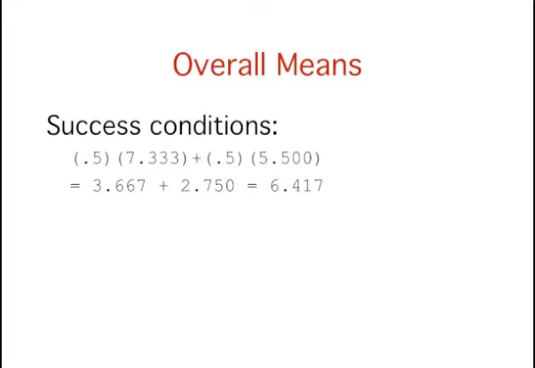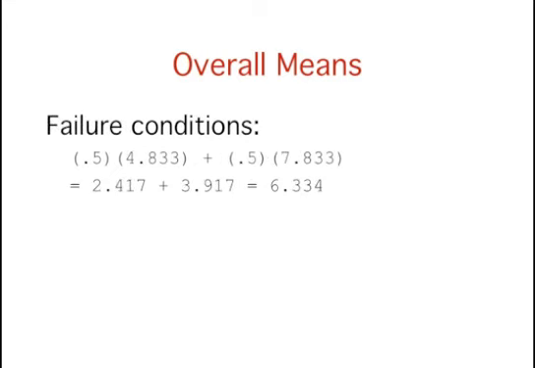Here we see that for the success conditions, we compute 0.5 times 7.333 plus 0.5 times 5.5, which equals 6.417. Similarly, we can compute the mean of the failure conditions by multiplying each failure mean by 0.5 and then adding the results to get 6.334.